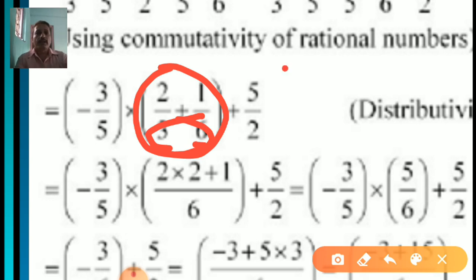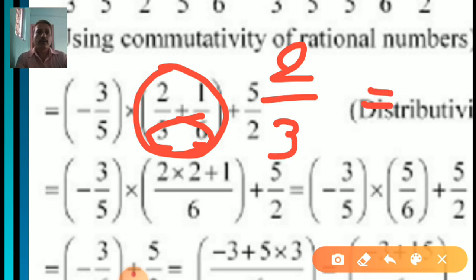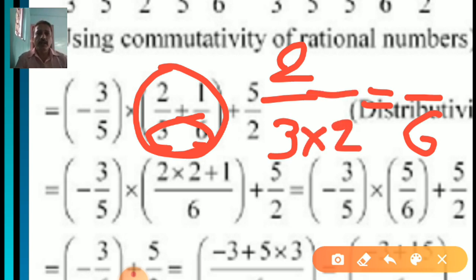I want to make 2 upon 3 into denominator 6. So to make the denominator 3 into 6, I have to multiply with 2. If I multiply the denominator with 2, the numerator also has to be multiplied by the same number. So I multiply with 2. You got the idea, student, what I did?